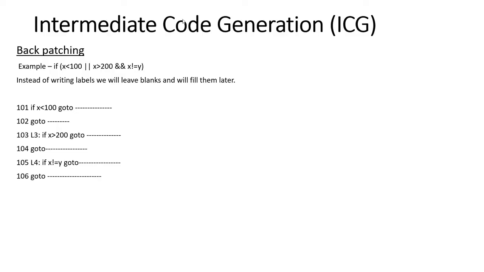For the backpatching process, first of all we have to draw the parse tree for this statement. So let's draw the parse tree. Suppose this is the Boolean expression B, and there are two conditions given to this Boolean expression. Let the first condition be B1, and in B1 we have the condition x is less than 100.